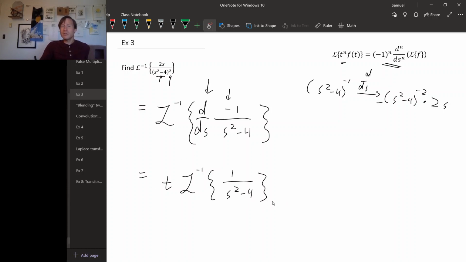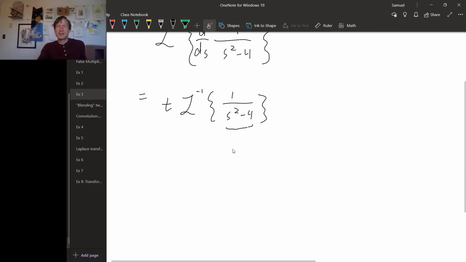And to compute this inverse transform, again, we could factor this denominator and then do partial fractions and then take the inverse transform of each piece. But it's worth remembering this particular inverse transform because it's kind of a common one. To make this work, we need a 2 in here, and that means we need a half out there. So we get over 2 right here.